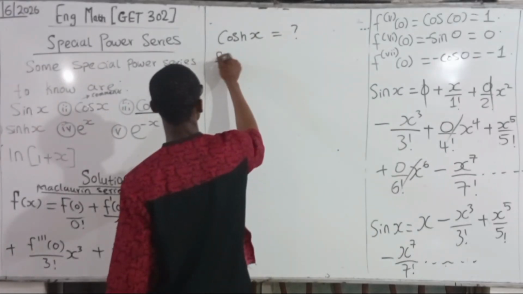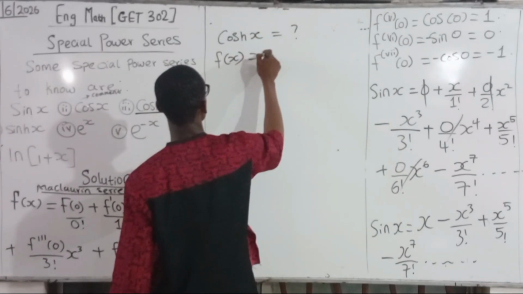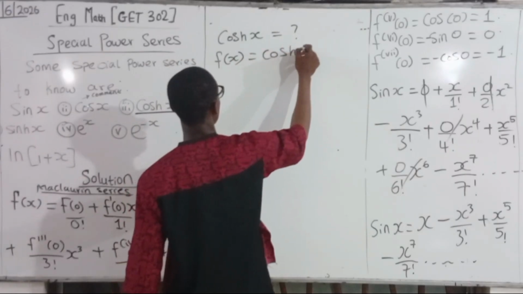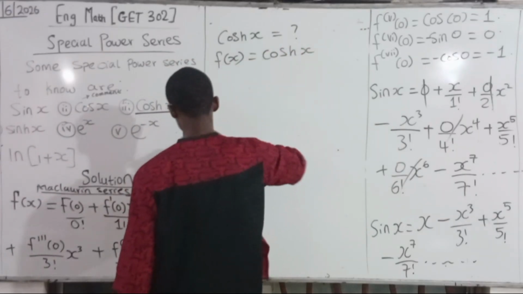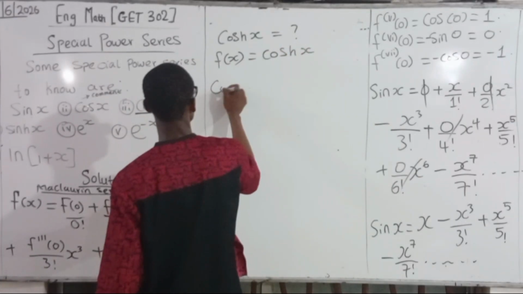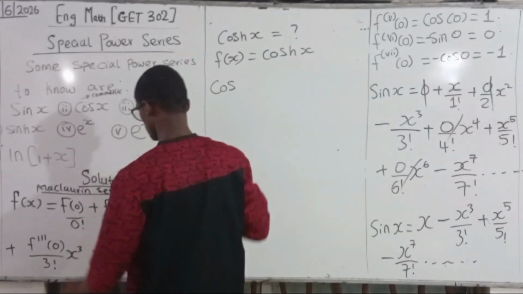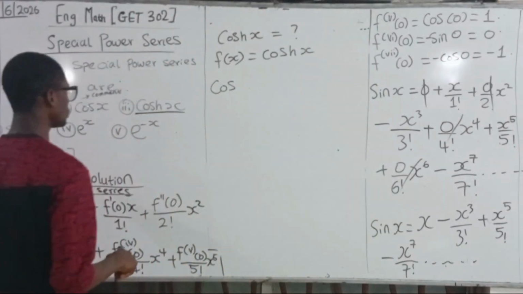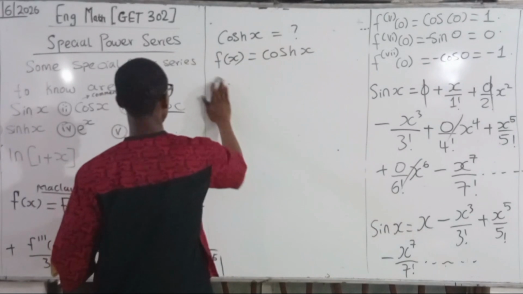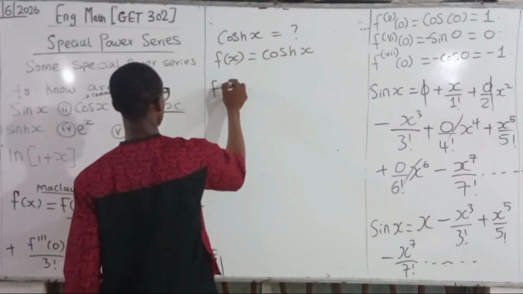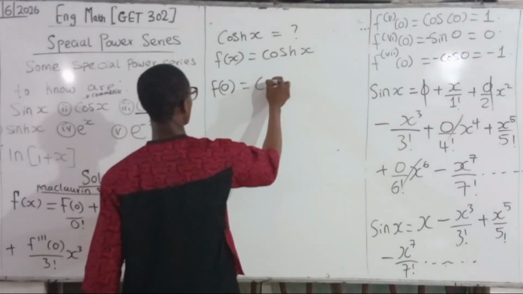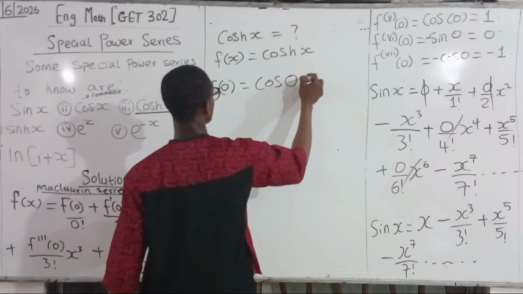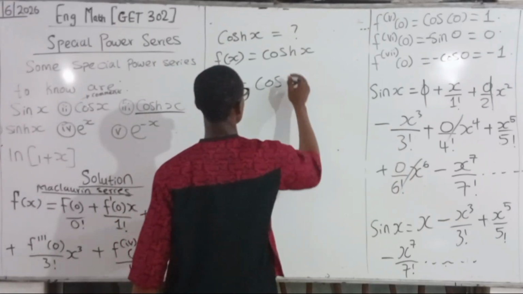It means that f of x in our own case this time around is cosh x, right? Because what we're supposed to find first is f of 0. So it means cosh 0. So what is cosh 0?